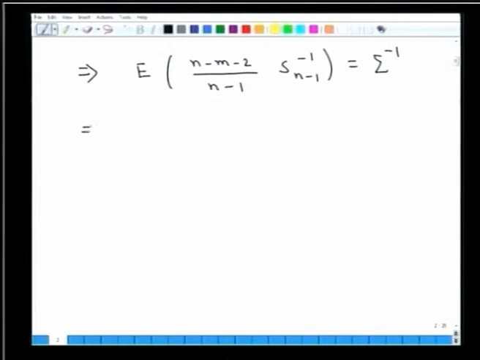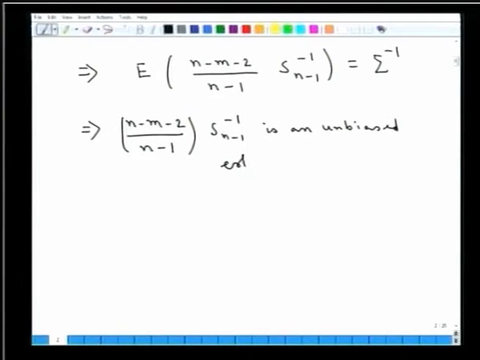So this constant multiplier times the S n minus 1 inverse matrix is an unbiased estimator of sigma inverse. So we have the desired quantity, a matrix which is an unbiased estimator of the sigma inverse matrix. That is a simple result.